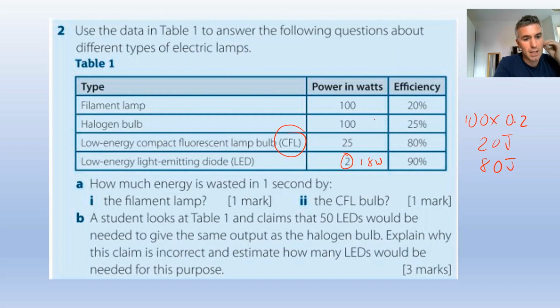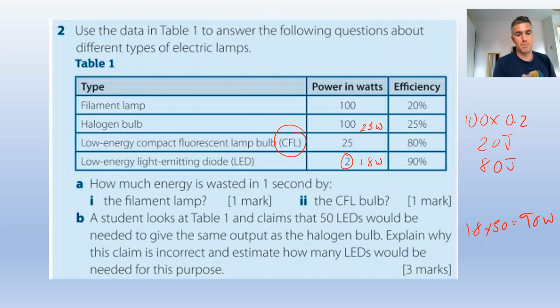So for every bulb you only get 25 watts out. Okay, so 1.8 times 50 would be 90 watts, which is obviously more powerful than that bulb.